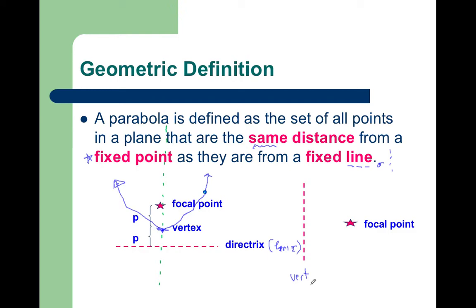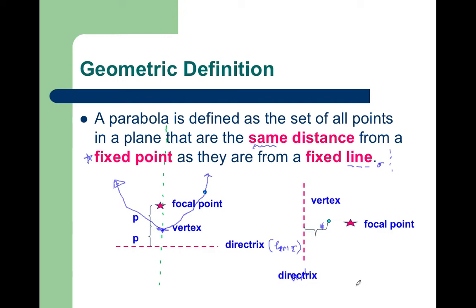Since the directrix is vertical, the parabola always goes away from the directrix, and captures the focal point. The vertex is a special point on the parabola that fulfills the definition of being halfway between. Sorry, ignore this other point here.